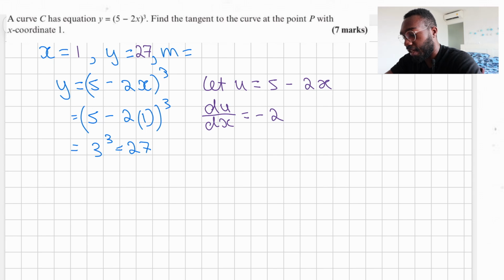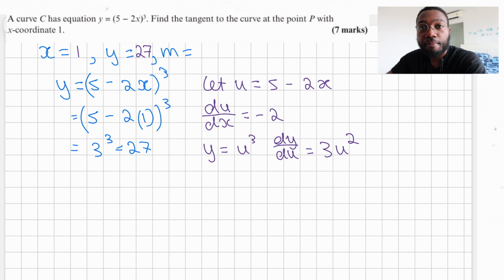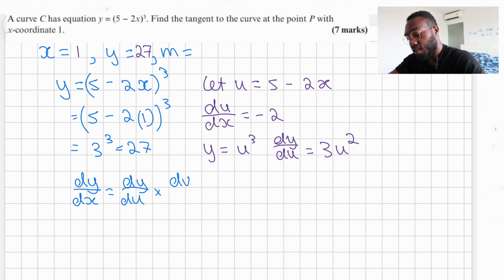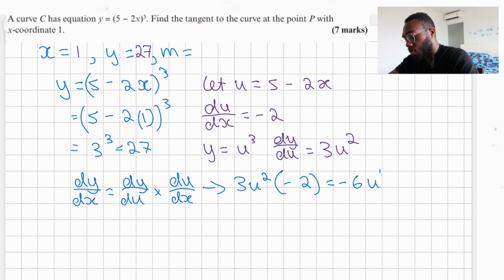That also means that y is equal to u to the power of 3, and if we differentiate that with respect to u, then we get 3u squared. Since we know that dy over dx is equal to dy over du times du over dx, we can apply this to our question. dy over du is 3u squared, and we times that by du over dx, which is minus 2, which gives us minus 6u squared.